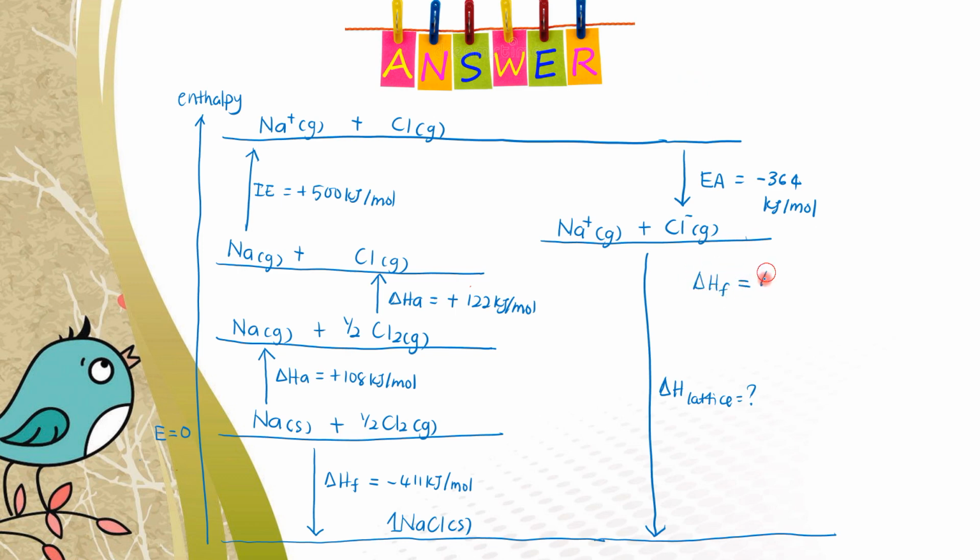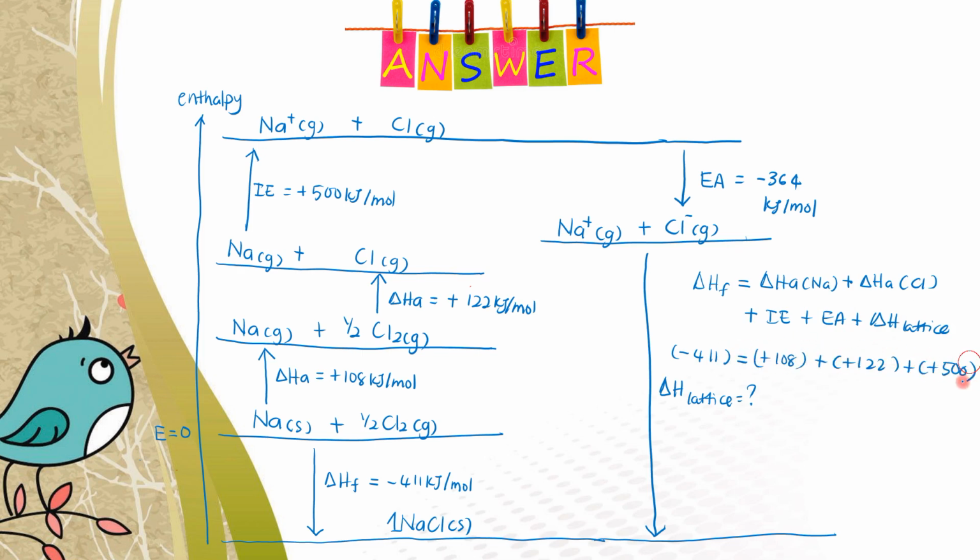Delta HF is equal to, next step, substitute. Okay, and finally, when you calculate the value of lattice energy, suppose you get negative 777. And don't forget to write the final unit, that is kilojoule per mole.